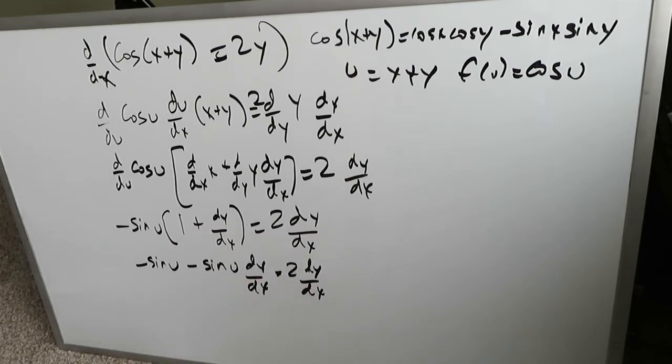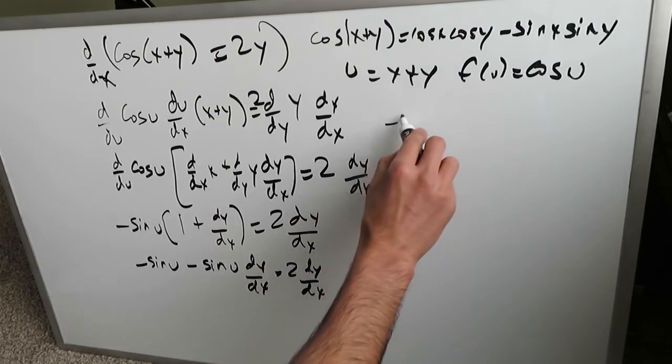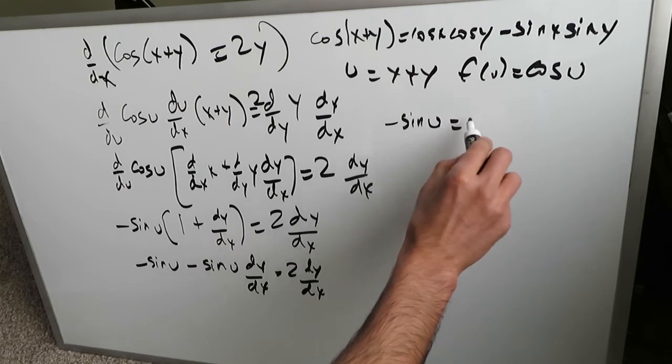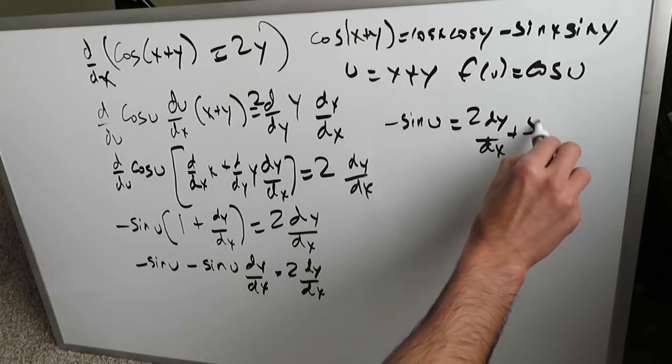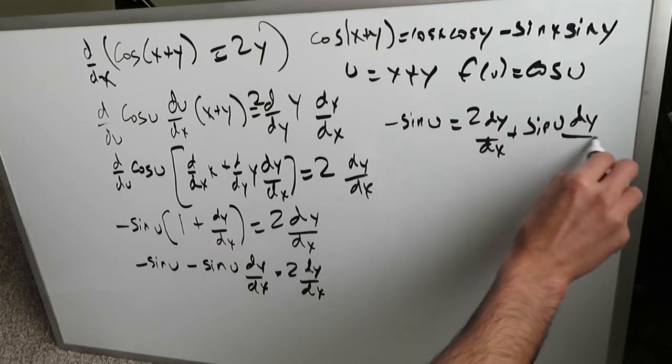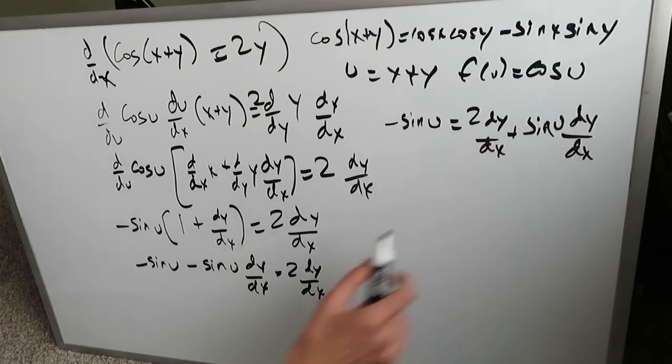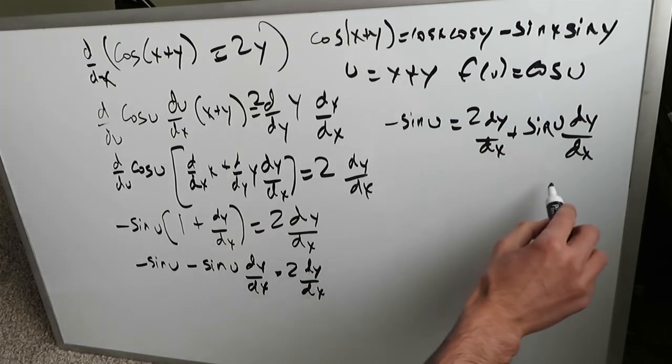You have to just bring the dy dx terms together. I'll take this to the other side. I'll get minus sine u is equal to 2 dy dx plus sine u dy dx. This is just simple algebra. Now isolate for dy dx and solve, and let's take this to completion.